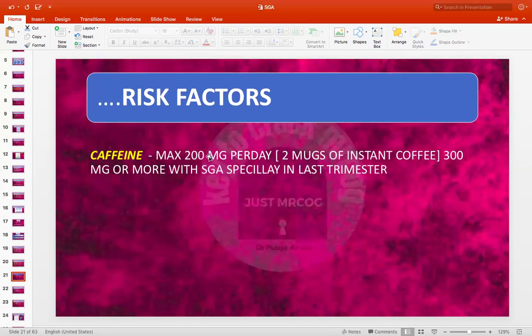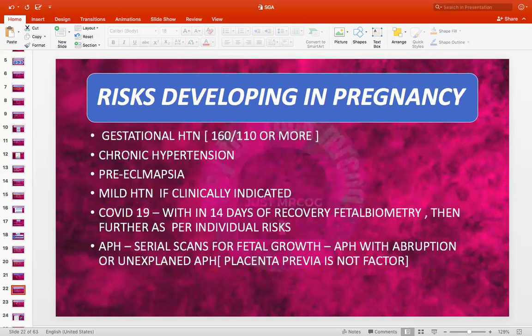Caffeine maximum 200 milligrams per day. 2 mugs of instant coffee, 300 mg or more, is responsible for SGA, especially if she is taking it in the last trimester. Risk of developing preeclampsia, that is gestational hypertension, 160/110 or more, chronic hypertension, preeclampsia, mild hypertension, if clinically indicated.